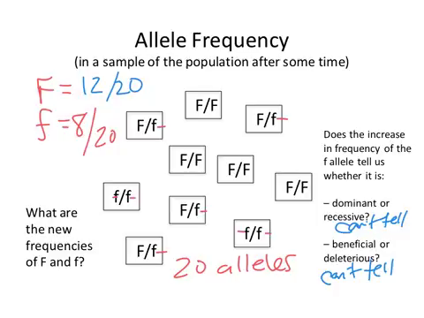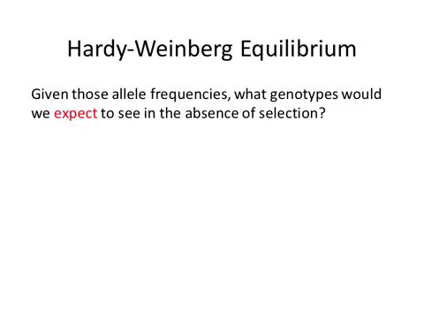Okay, so given these allele frequencies, 8 out of 20 little f's and 12 out of 20 big F's, what genotypes would you expect to see if selection isn't working?